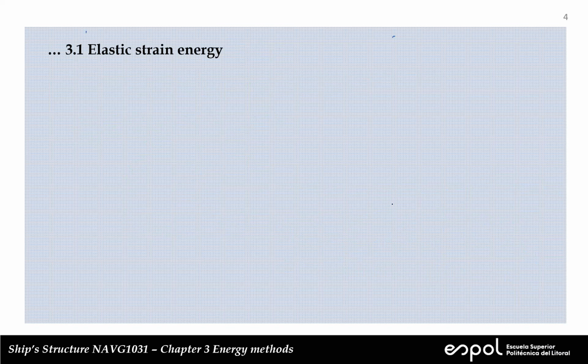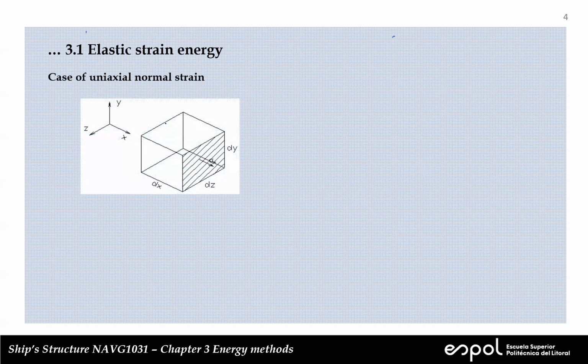Now, you see immediately that we are saying that this is elastic strain energy. It's a reminder that we're going to be inside the elastic regime, so we are not going to go beyond the elastic limit. So Hooke's law is available to us. Let's do this in several cases, and then we're going to put the whole thing together.